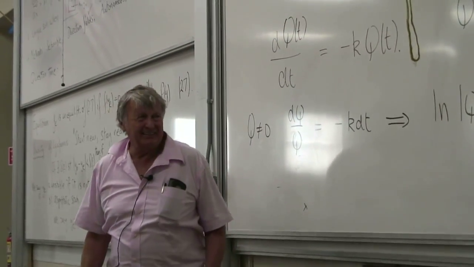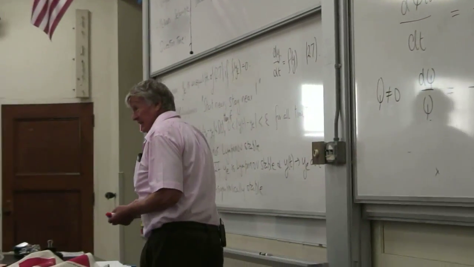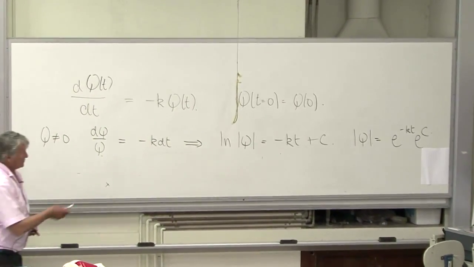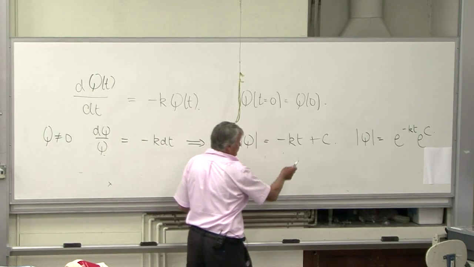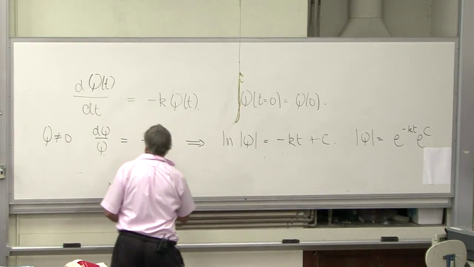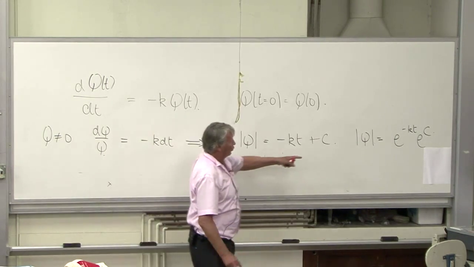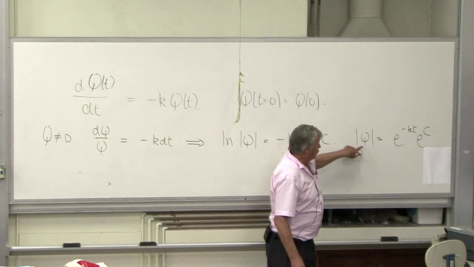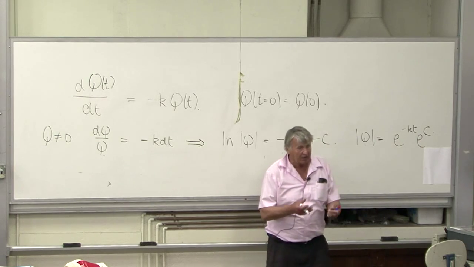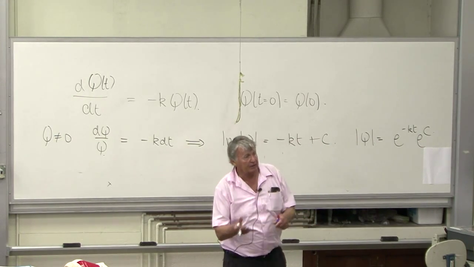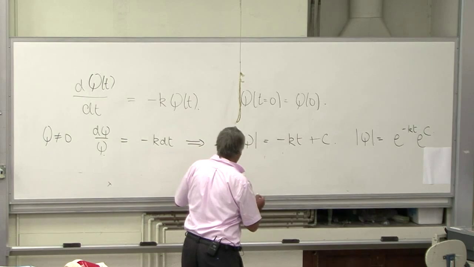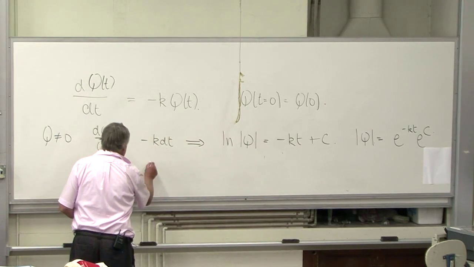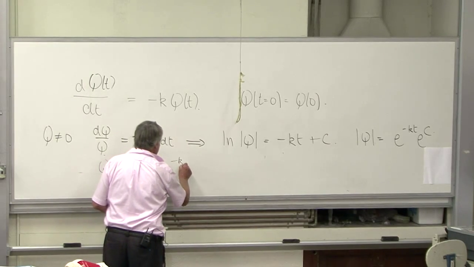We're always just dealing with positive amounts, so the absolute value of q is the same as q. But if we didn't know that, we'd have to allow both signs. We would take e to the c, which is always a positive constant, and say we can have plus or minus. So the general solution of this is q of t is A e to the minus kt.